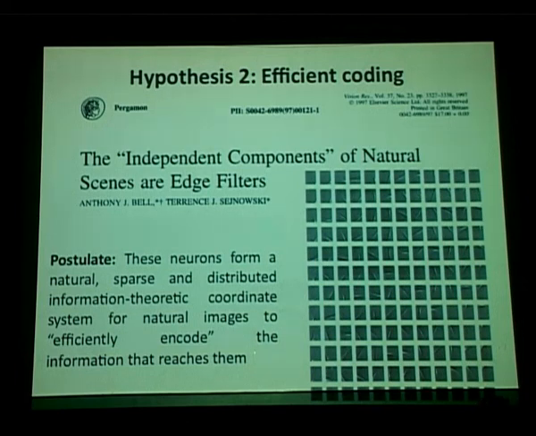So if you have the visual system receiving inputs from the natural world, you have a certain statistics associated with the natural information out there.